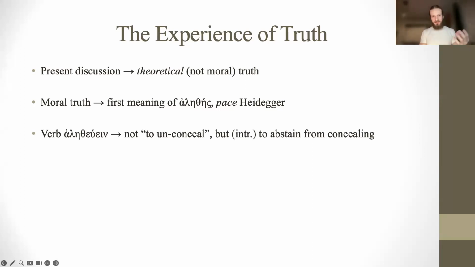In fact, it isn't even transitive originally. The verb cannot be used transitively to unconceal something. Rather, it is an intransitive verb, which means to abstain from concealing things in relation to our fellow human beings. So again, to be honest and truthful.